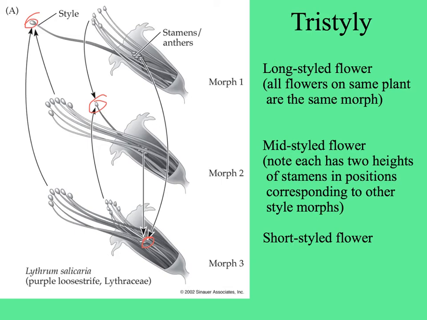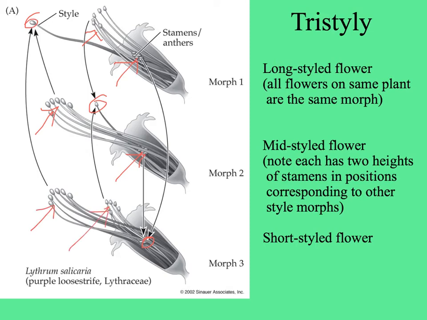But anyway, in the long-styled morph, there are stamens at two different levels, mid and short. In the mid-styled morph, here's the style at the mid-length, there are anthers long and short, and in the short-styled morph, there are anthers long and mid.